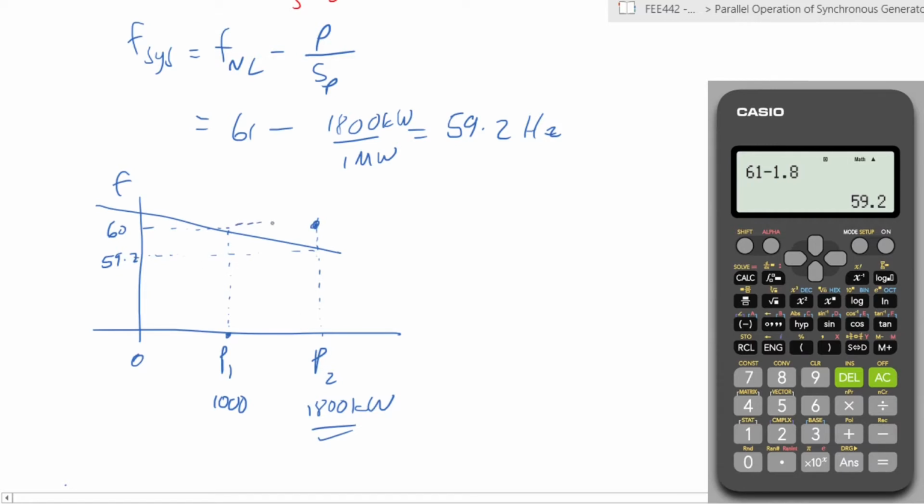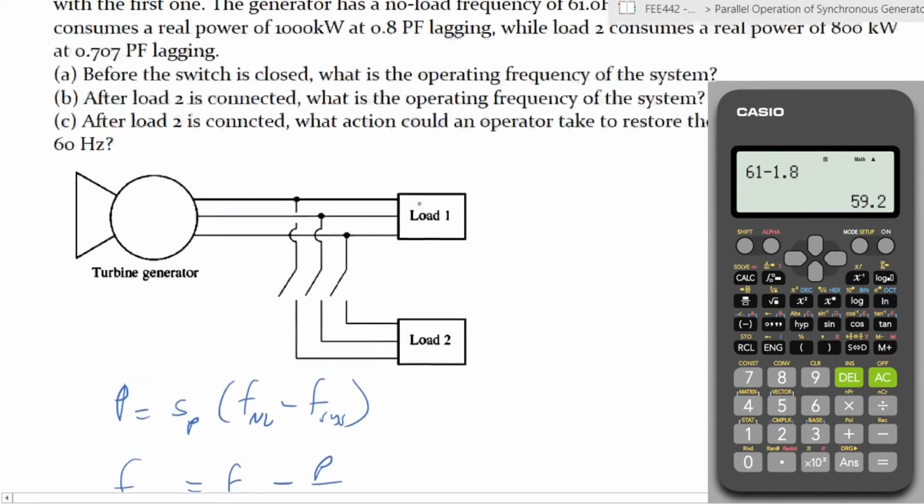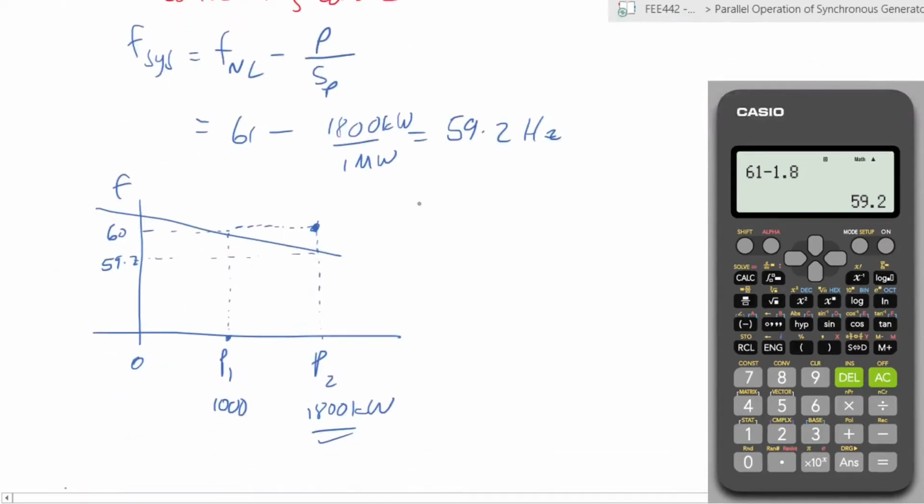Because you want to operate at 60 hertz. You want to bring it back to 60 hertz that we had in the previous example. So what we then do is what we talked about, the set points. So you will change the governor set points from this to this. So this is set point number 2, right? This is done by changing the governor.